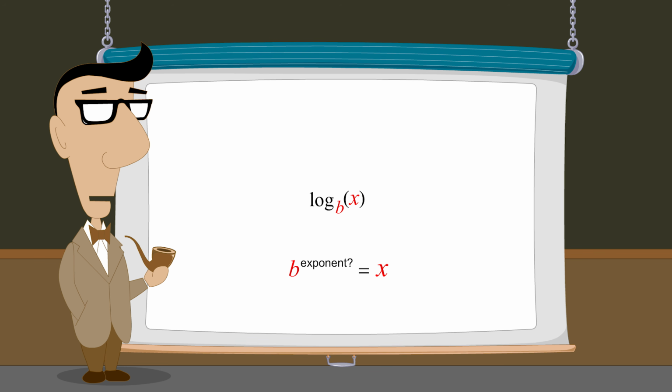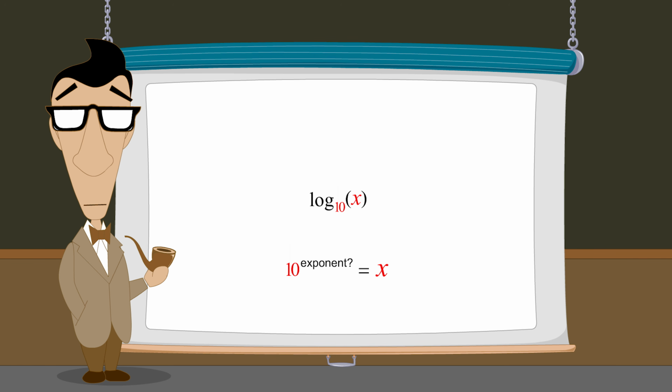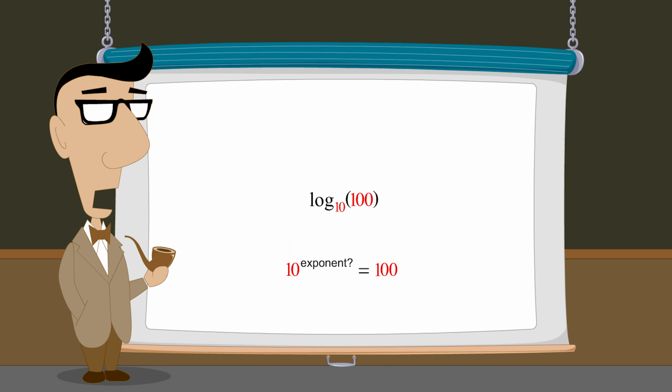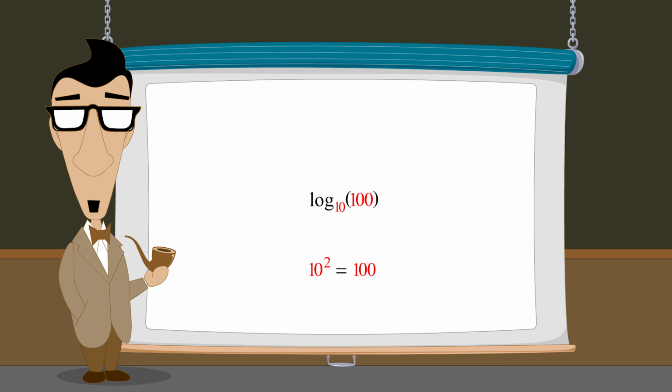For example, if the base of the logarithm is 10 and x has a value of 100, since 10 squared is 100, the log base 10 of 100 is 2.